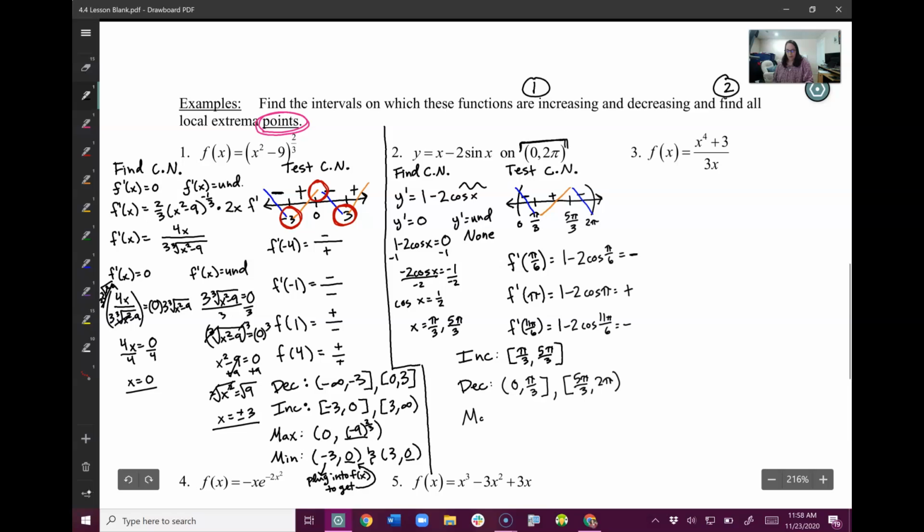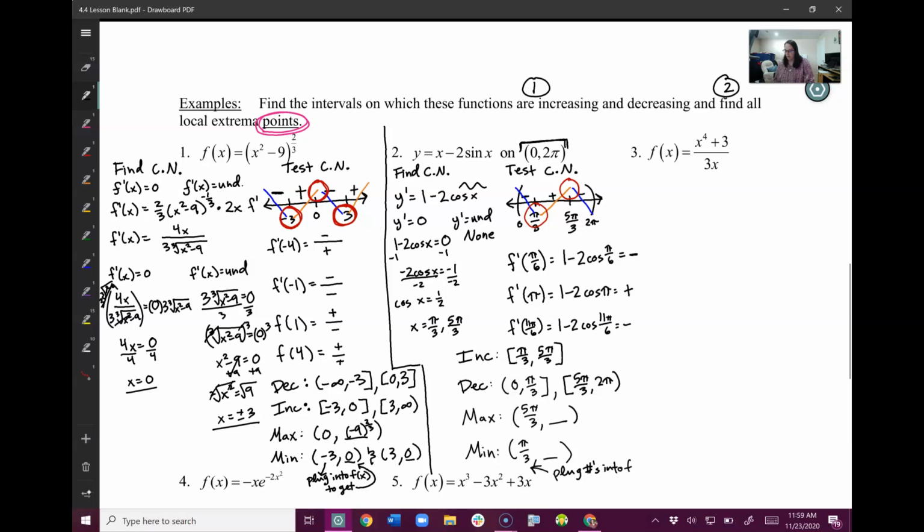And now we need to talk about maximums and minimums. So it looks like I'm going to have a minimum there and a maximum there. So I've got a maximum at 5 pi thirds, comma something, don't know that one yet, and a minimum at pi thirds, comma something. And remember, to get these ones, you plug those numbers into the original, into f, not f prime. So let's start with 5 pi thirds.